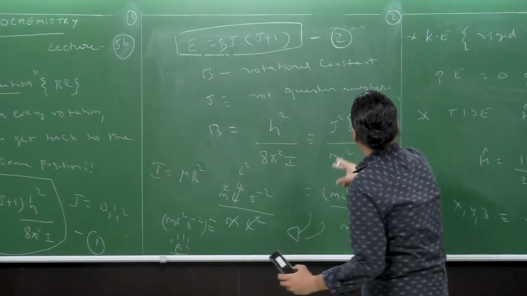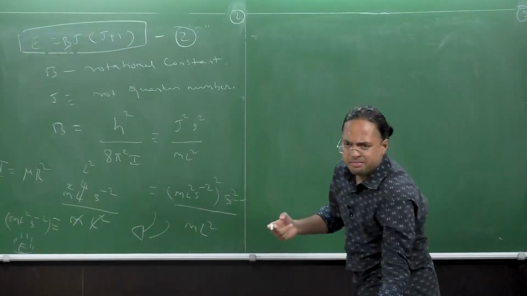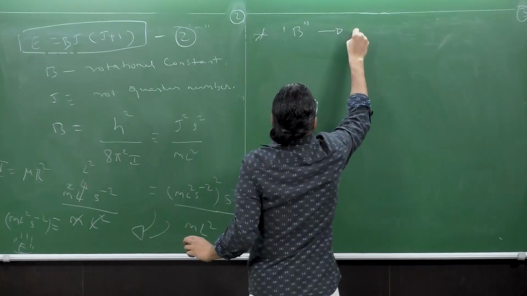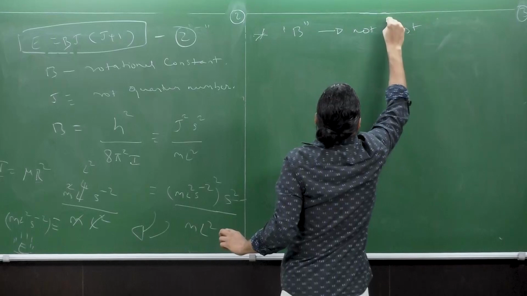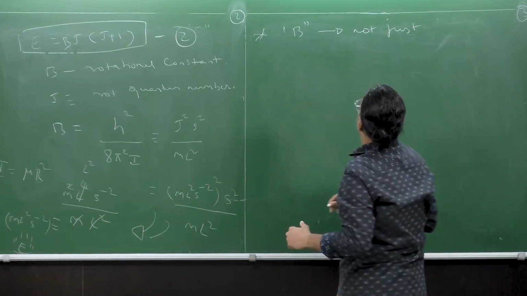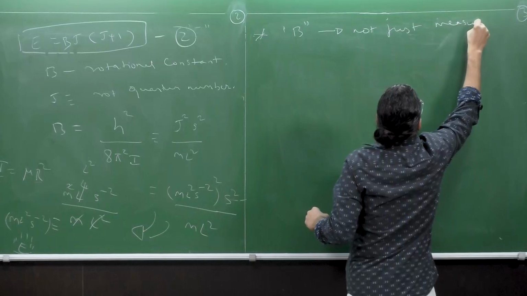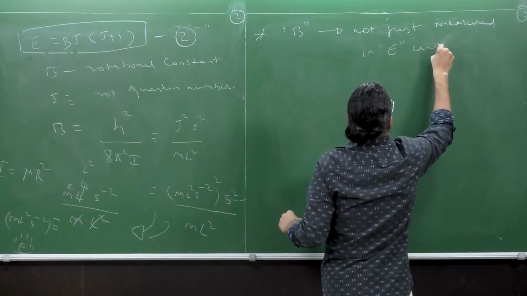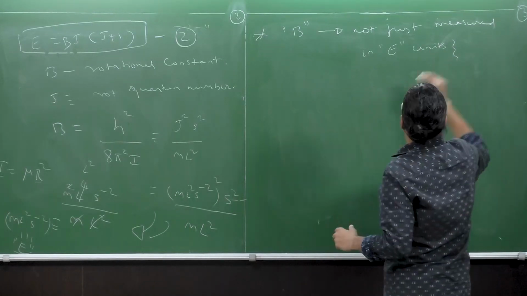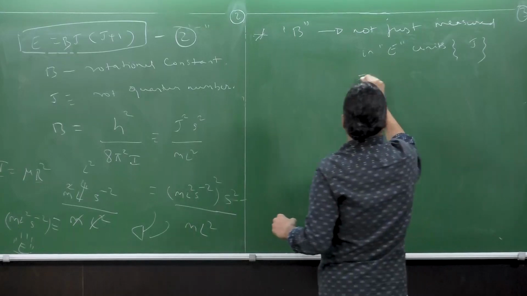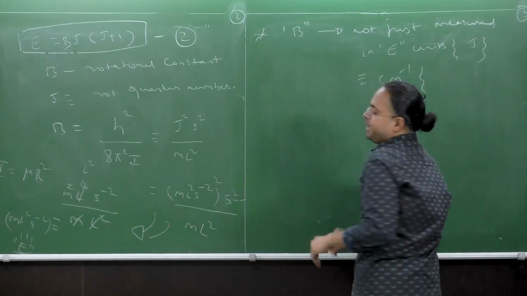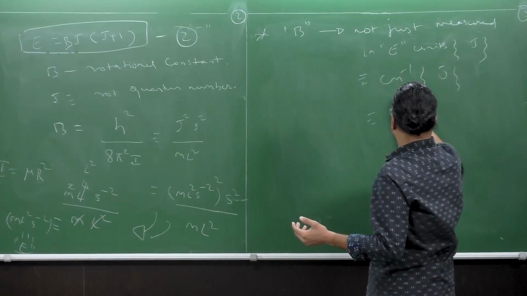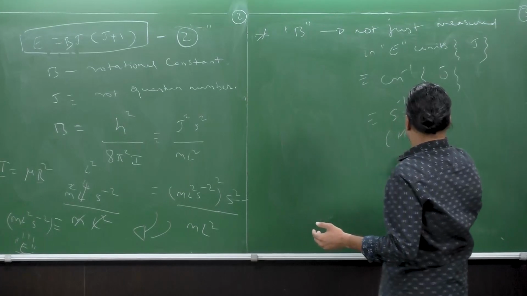Now, this B is not just measured in energy units, for example joules, but is also given as centimeter inverse corresponding to wave numbers, and also as second inverse, some variation of frequency.